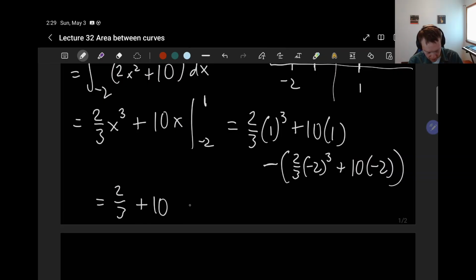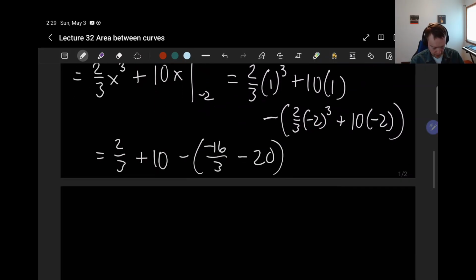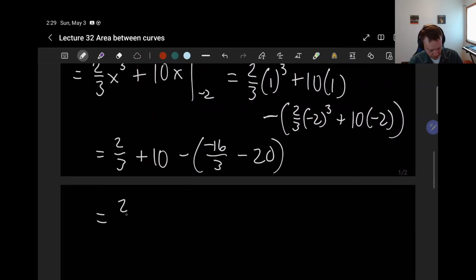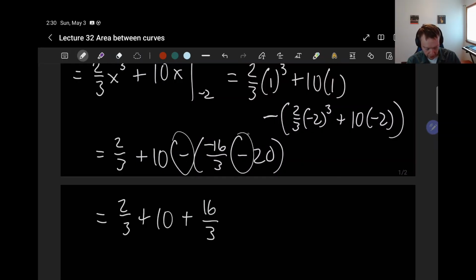So we get 2/3 plus 10. All right, so here, this will be a -8 times 2, that'll be a -16 over 3. Then minus 20. How about we distribute that negative now, this minus? That's a double negative first, so that'll be a plus 16 over 3. Again, we have a double negative here, so plus 20.